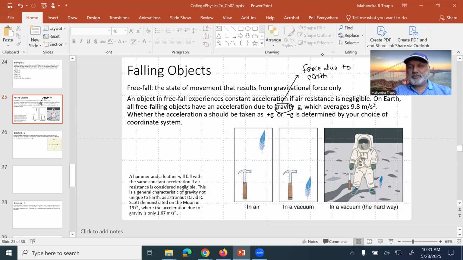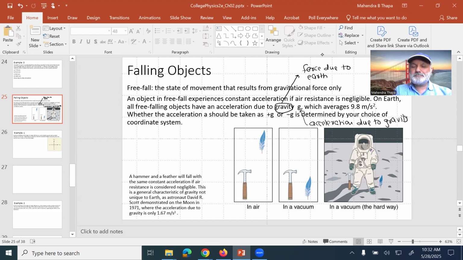If there is a force, then the acceleration here is called acceleration due to gravity. So the term g represents acceleration due to gravity. Okay.